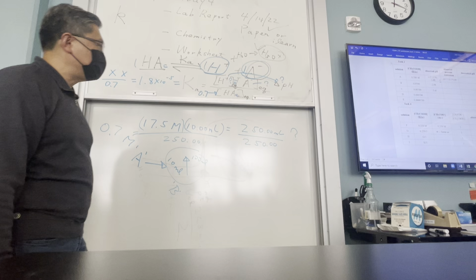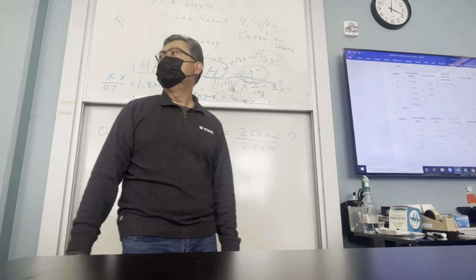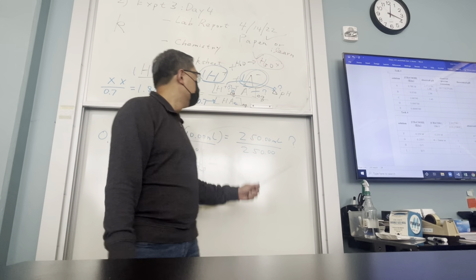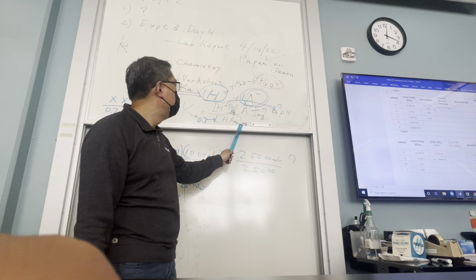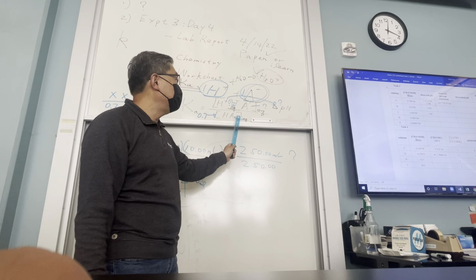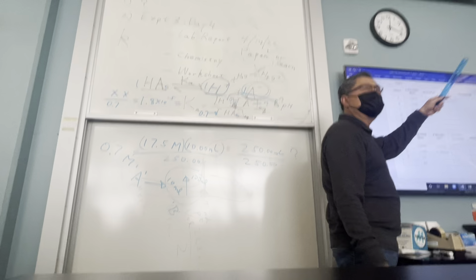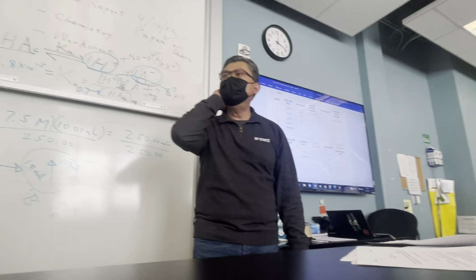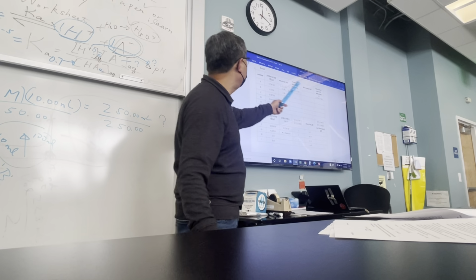Now, is this true? What did we say in here? Equilibrium, right? Remember? I emphasize it's equilibrium. So therefore, is 0.700 the equilibrium?